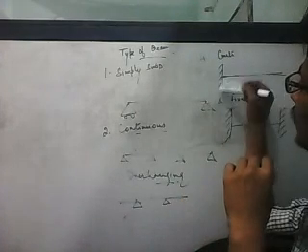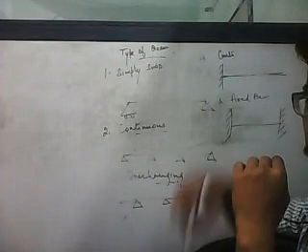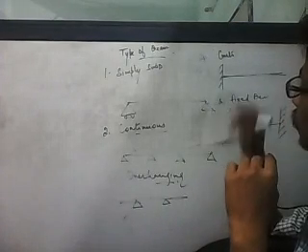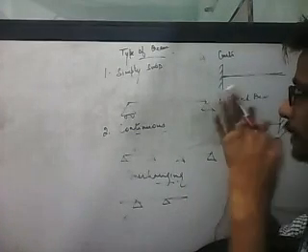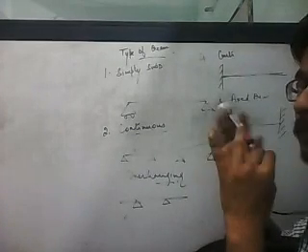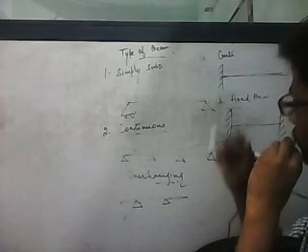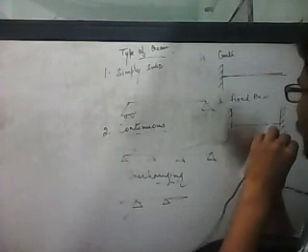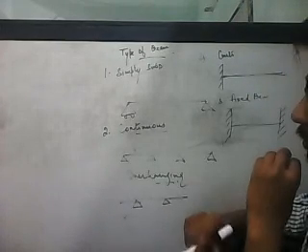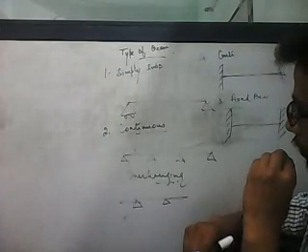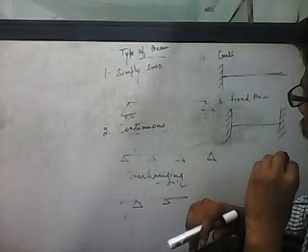Cantilever is one end fixed and the other end free. If both ends are fixed, it is known as a fixed beam. Clear?